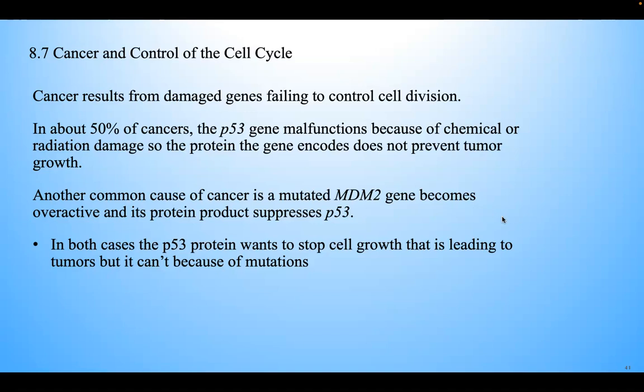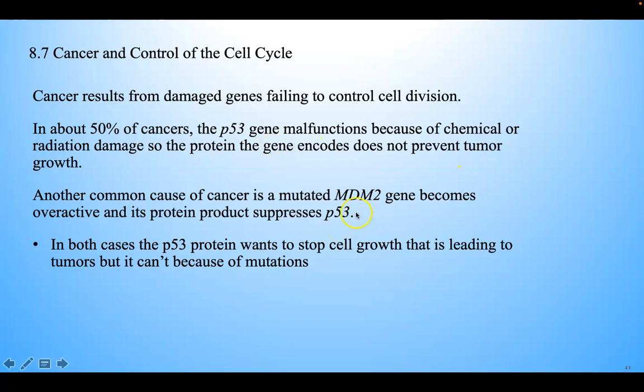Another common cause of cancer is a mutated MDM2 gene, which can become overactive, and its protein product suppresses p53. So here we have p53, which has been damaged and can no longer do its job and no longer stops the cell division when it should.